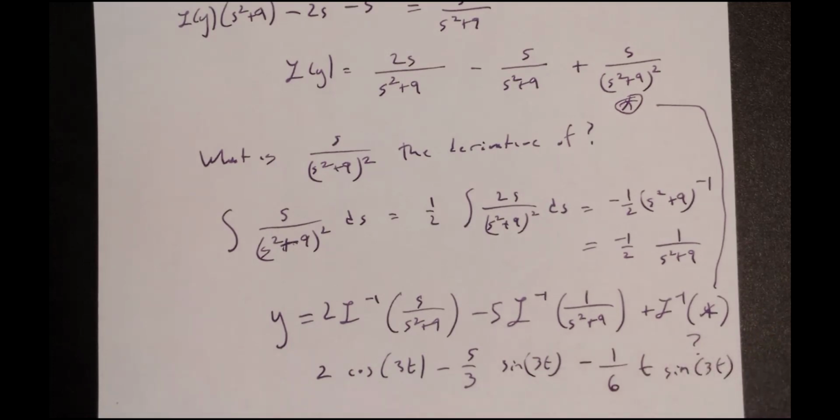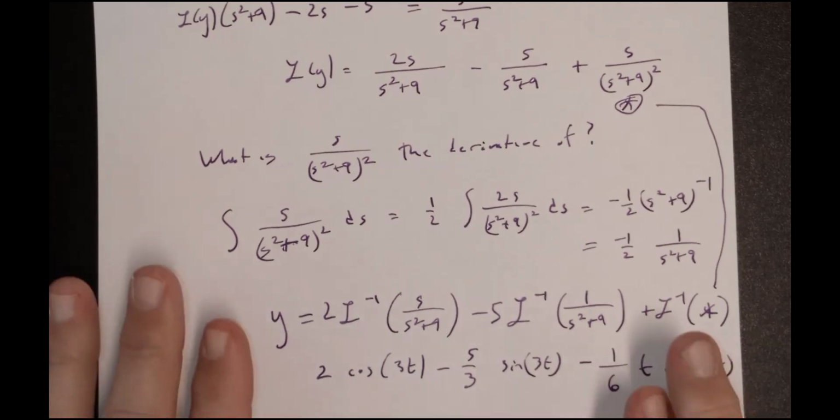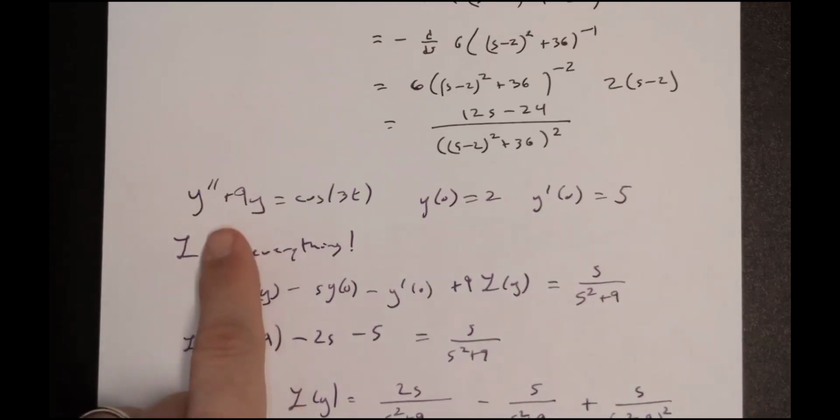If we were doing this back in the last chapter, let me go back and think about the way I would have done this without Laplace transforms. Ready? I'm going to go back up to the top. I would have started by solving the corresponding homogeneous equation, right? What's the corresponding homogeneous equation?